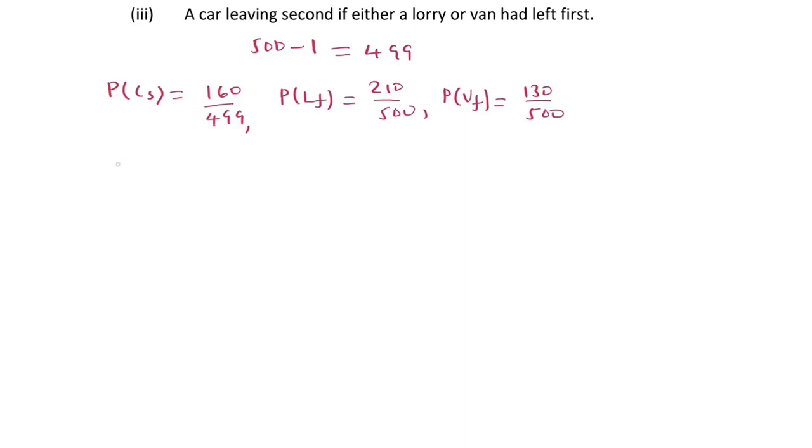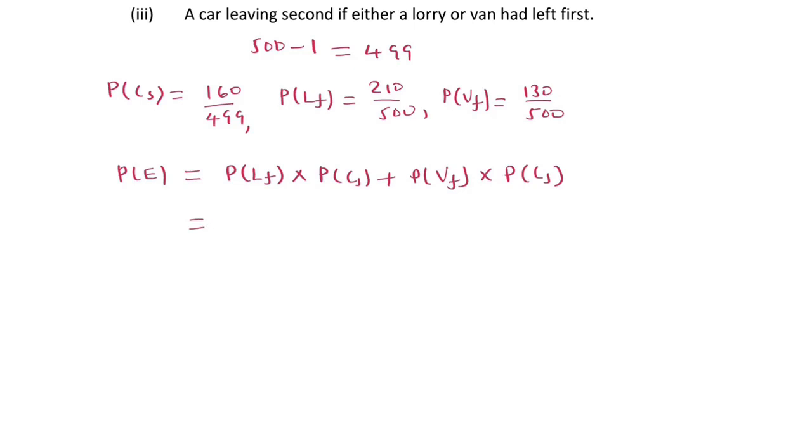To find the probability that a car leaves second if either a lorry or a van had left first, we take the probability of a lorry leaving first times the probability of a car leaving second, plus the probability of a van leaving first times the probability of a car leaving second.